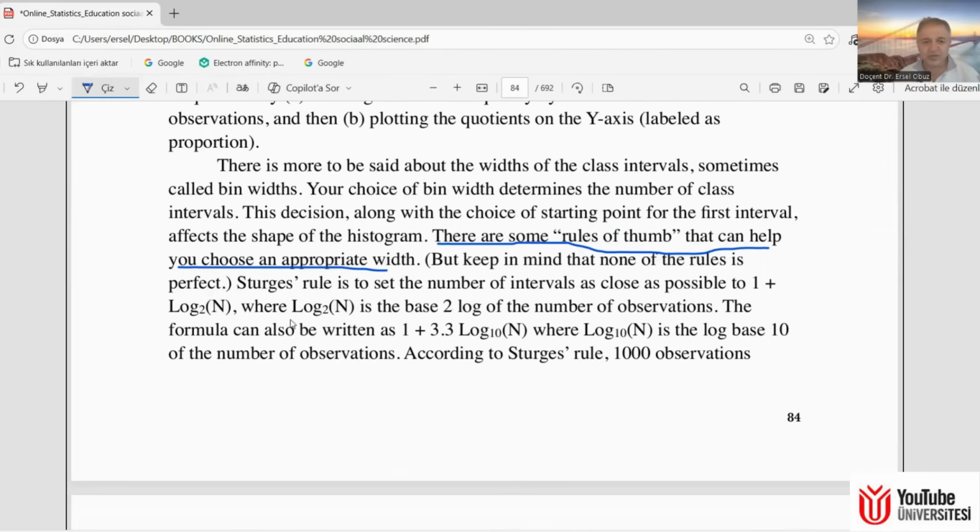One of them is Sturges' rule: set the number of intervals as close as possible to 1 plus log base 2 of n, where n is the number of data points.